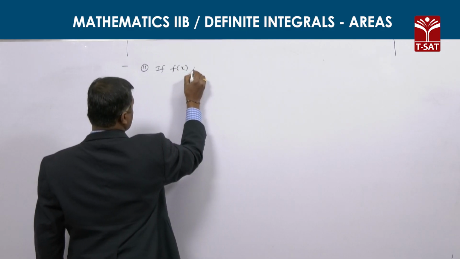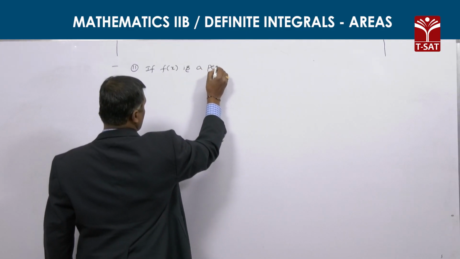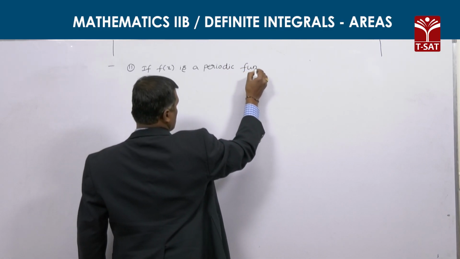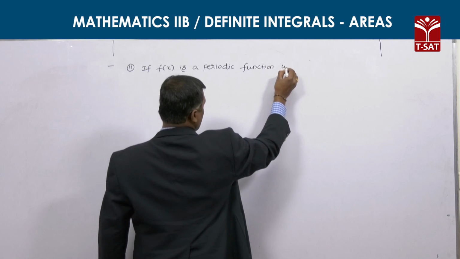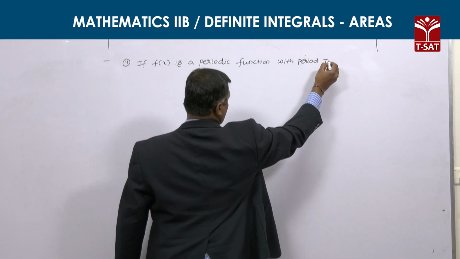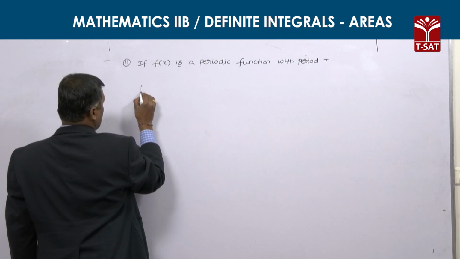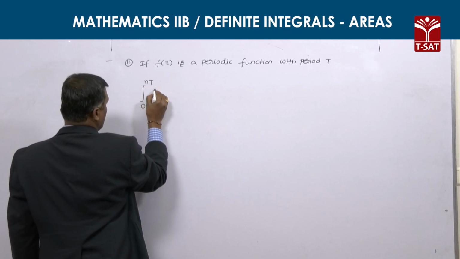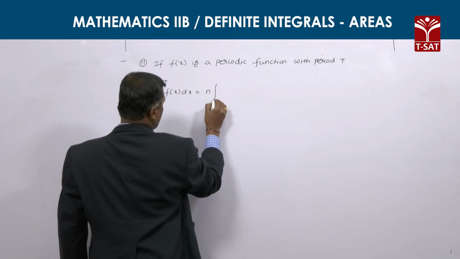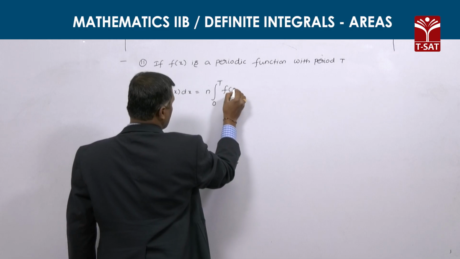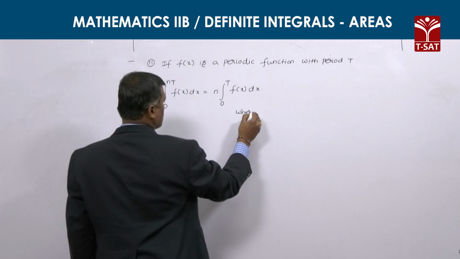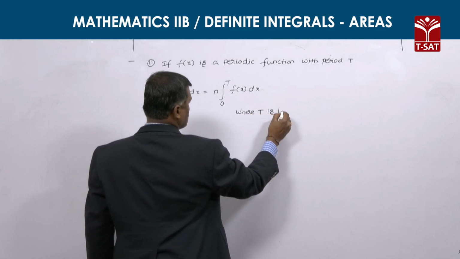If f of x is a periodic function with period t, integral of 0 to nt f of x dx is equal to n into integral of 0 to t f of x dx, where t is the least positive real number.